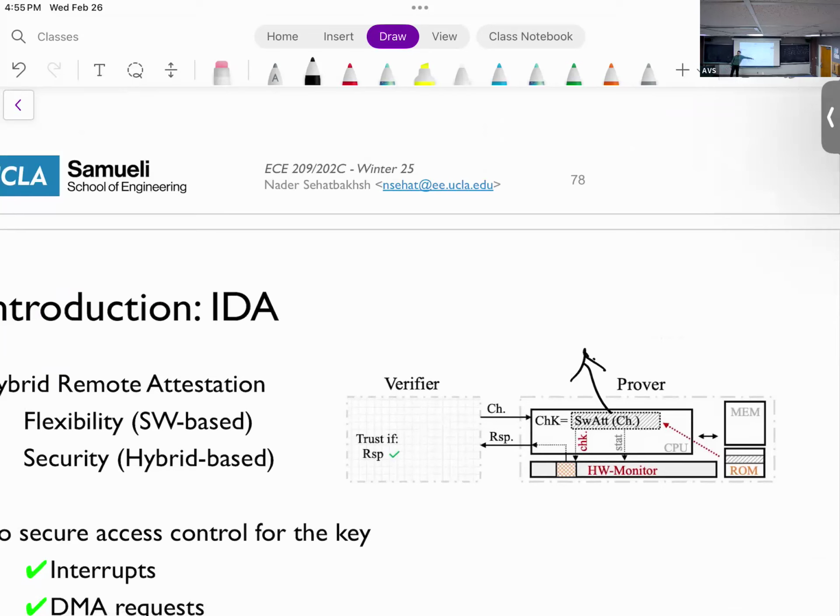Since my monitor monitors the computation of the hash, I will use the monitor to check whether I'm actually computing the hash or not. Then only at the end, once the hash computation is finished, I'm going to use the key to sign it.